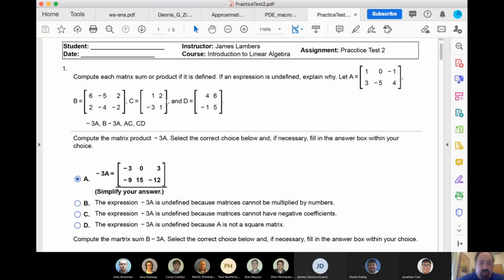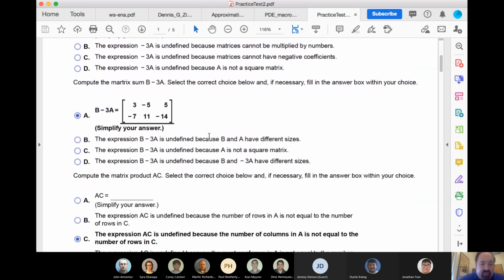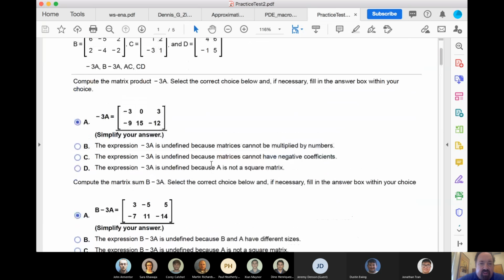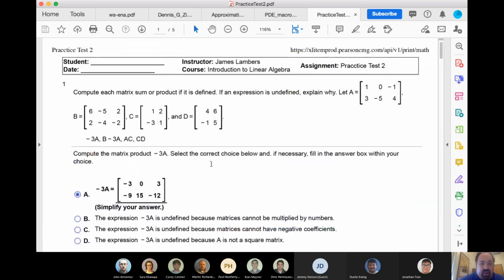Anytime you have 2 square matrices of the same size, you can always multiply them. Since the operation C times D is valid, let's go ahead and actually compute that. Unlike addition, which is component-wise, matrix multiplication is not.